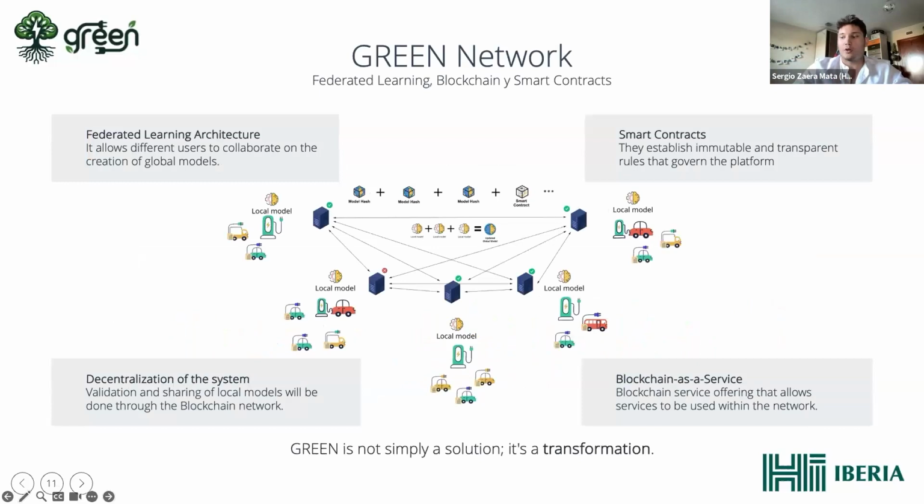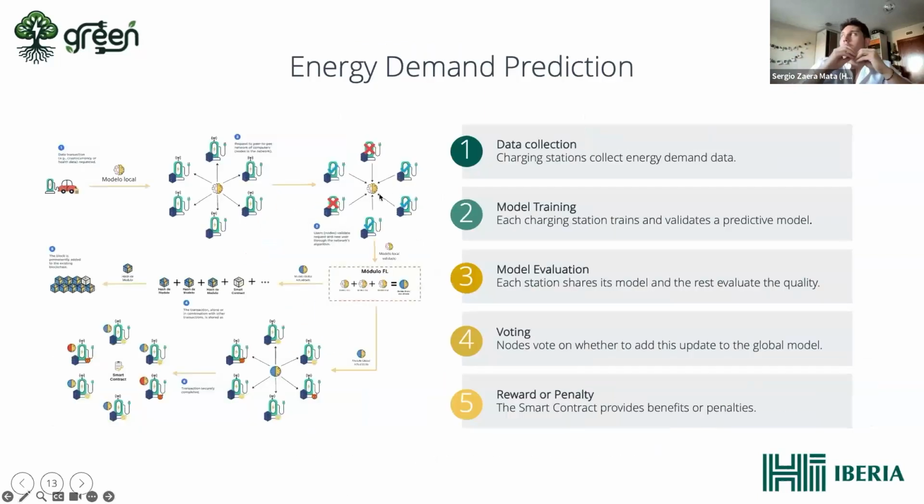We have really good parameters in the models, but we are doing some experiments trying to figure out how we are going to have this interaction between federated learning and the blockchain network. So the architecture here is that the model is sent to each node in the network.